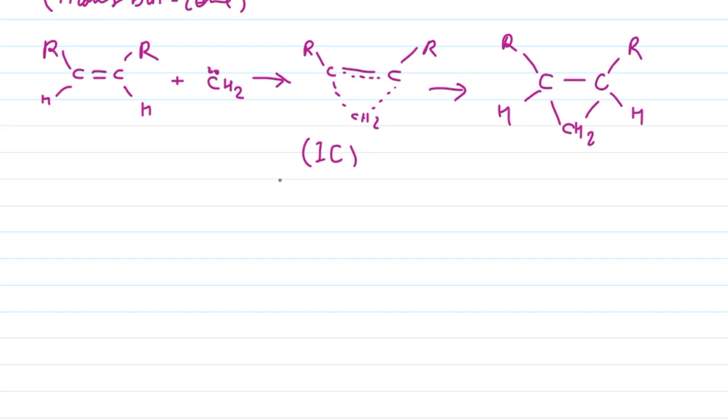The non-stereospecific reaction is said to occur due to the addition of methylene in the triplet state. So let's take an example of a non-stereospecific reaction: alkyl group R single bond carbon atom, double bond carbon single bond alkyl group R. This is hydrogen and this is hydrogen.